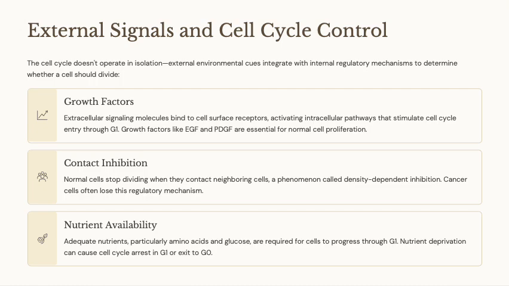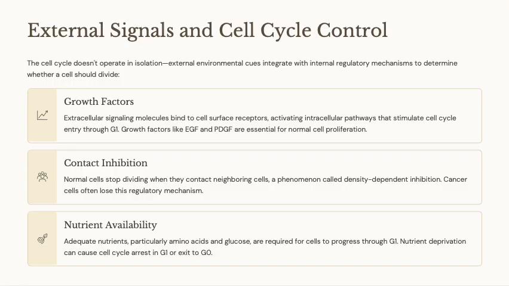The cell cycle does not operate in isolation. Instead, it is strongly influenced by external environmental signals that integrate with internal regulatory mechanisms. One major category of external signals is growth factors. Growth factors are extracellular signaling molecules that bind to receptors on the cell surface and activate intracellular signaling pathways.